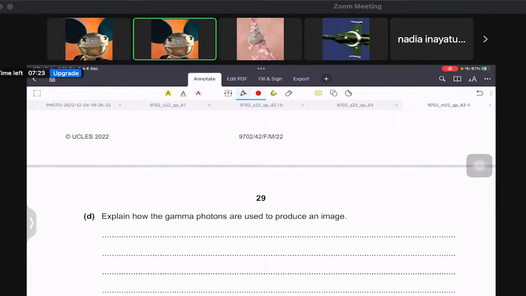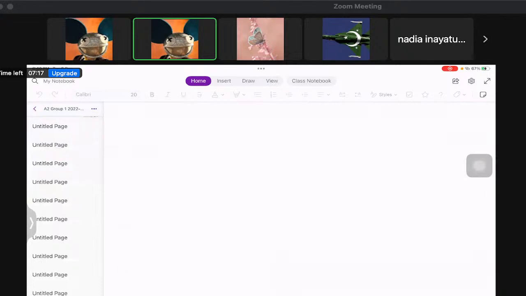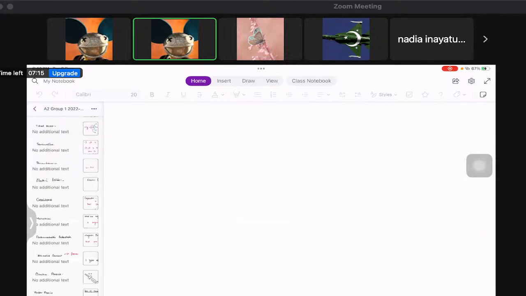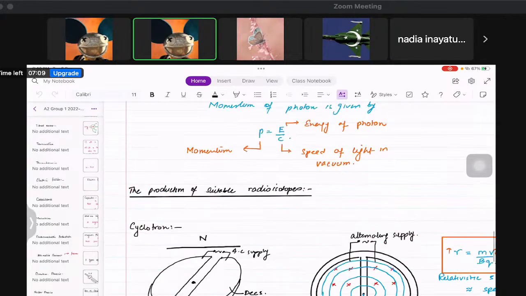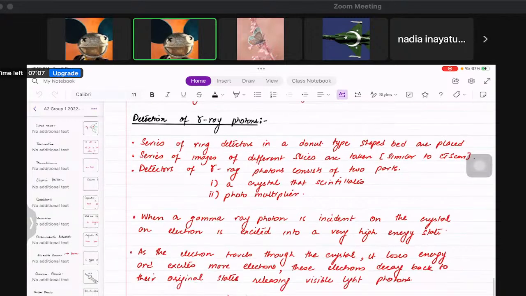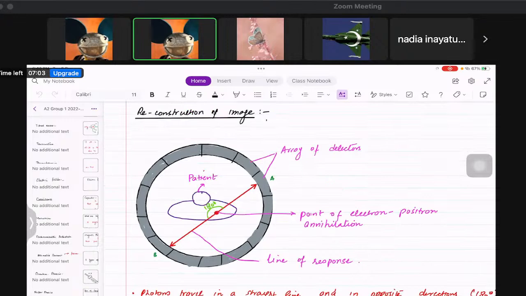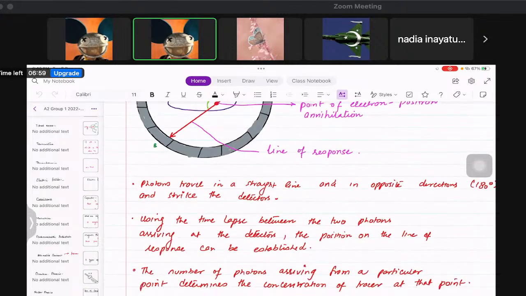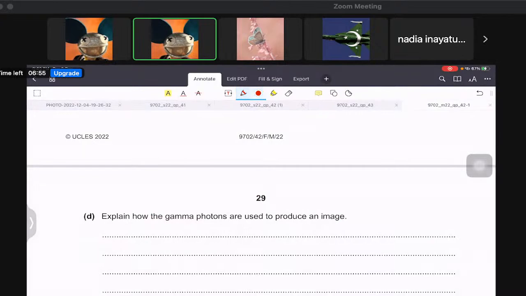In the notes, I've written it right here, detection of gamma photon, and this one, reconstruction of image. That's what they want you to write, okay? We'll be talking about how the gamma photon is used to produce an image. So we're reconstructing it.